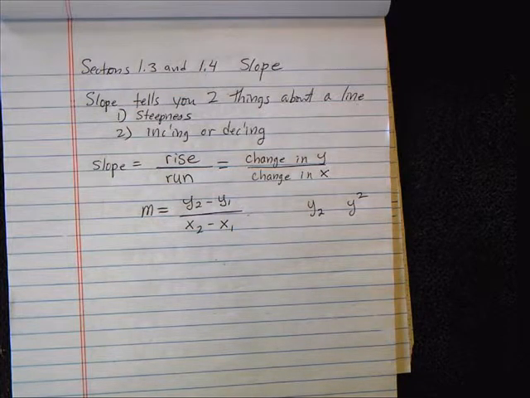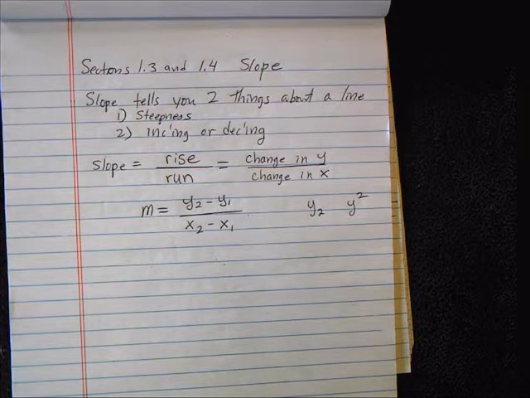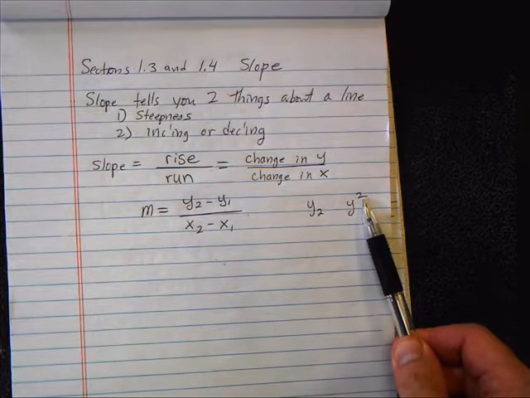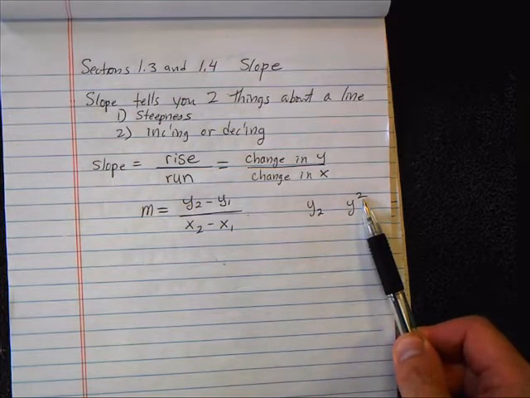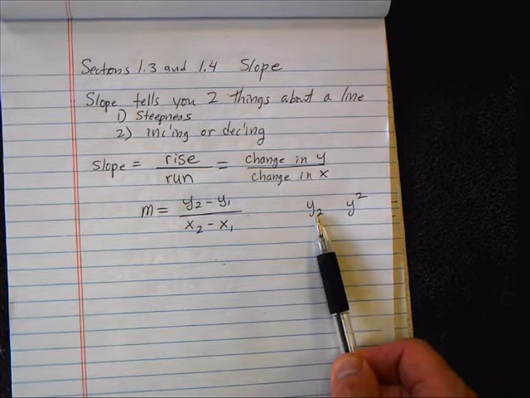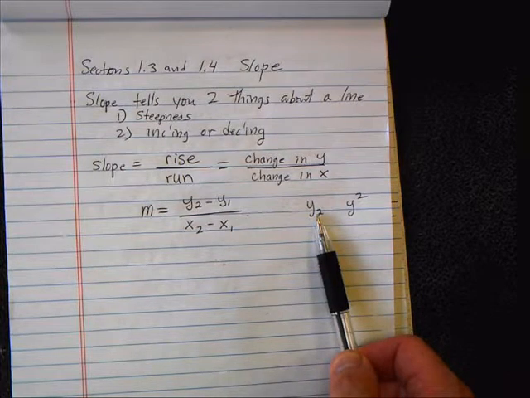What's the difference in those two symbols? Very good. This one means multiply. This one means take y times y. This one, all this is saying is, this is the second y number. It doesn't mean square. Okay?